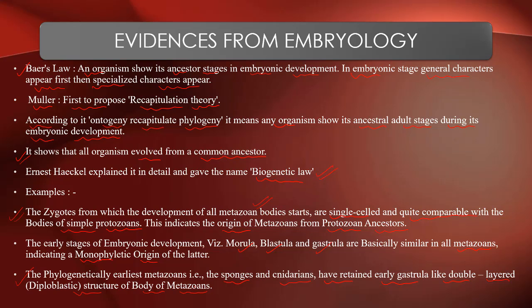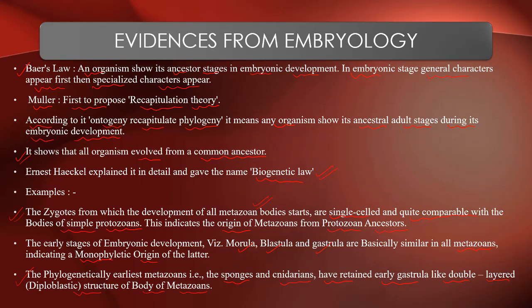So in metazoans, the earlier embryologic development resembles some of the metazoans, which keep those characters in the adult stages as well. Keeping the less evolved characters in their adult stages gives us an idea that we have evolved from the same evolutionary line. The timeline of evolution for all of us is the same.